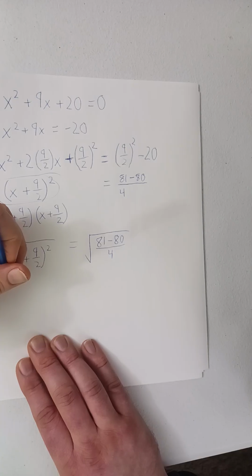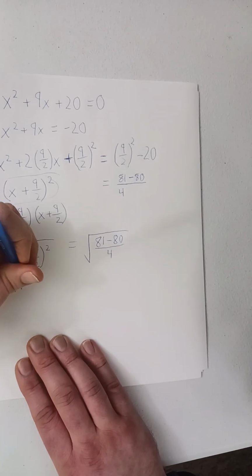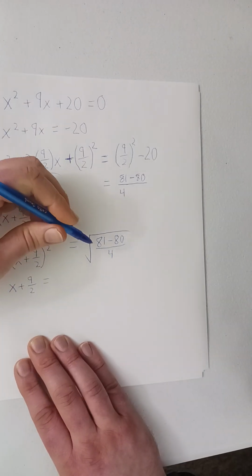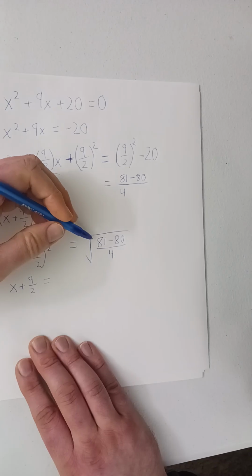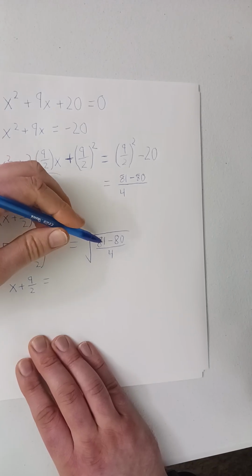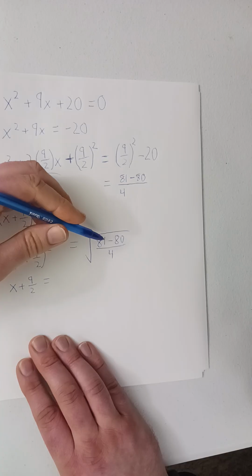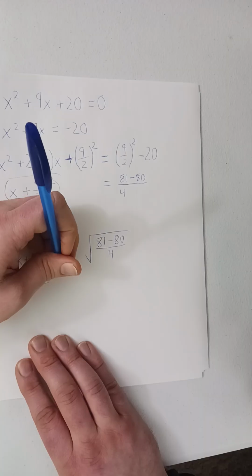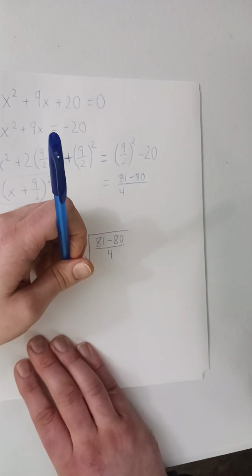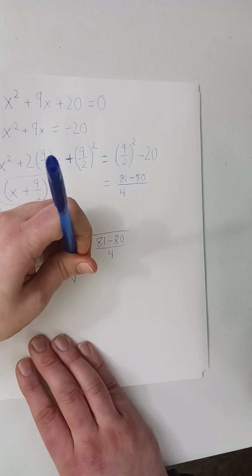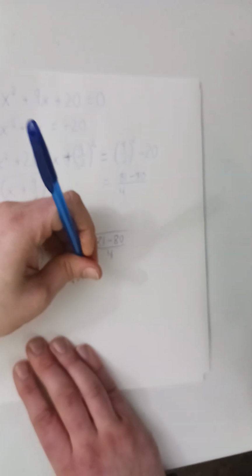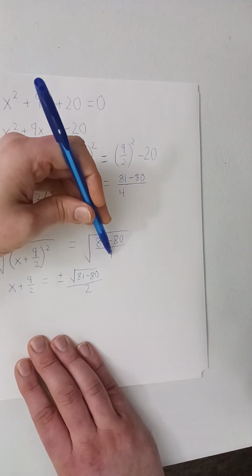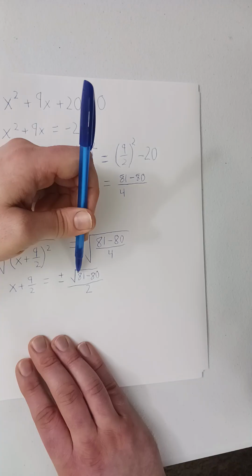When we do this, we end up with x plus 9 over 2 equals, and because this is a square root, it's either plus or minus, because the square root of a number could be a negative or a positive value. So we're going to go plus or minus the square root of 81 minus 80 over 2. So we simplified the 4 in the denominator, but the numerator, we're not simplifying that yet.